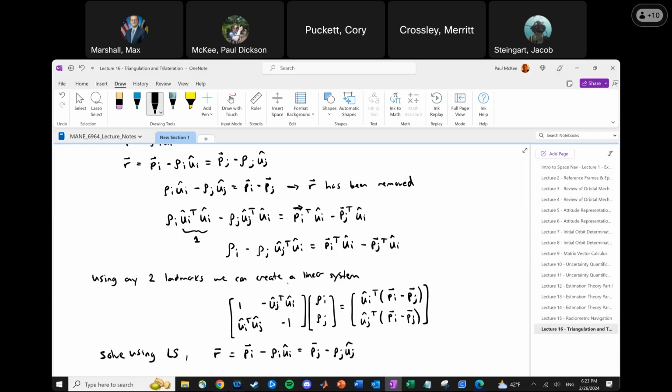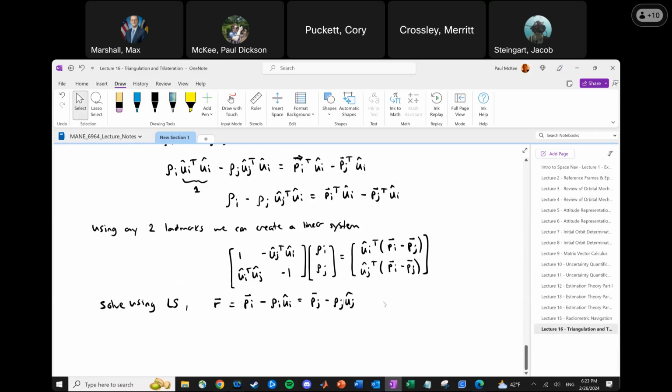So this is a perfectly valid way of solving the problem, with a couple of drawbacks. Just a warning before we move forward with this. In the absence of measurement noise, this is perfect, which is nice. We would hope so, right?